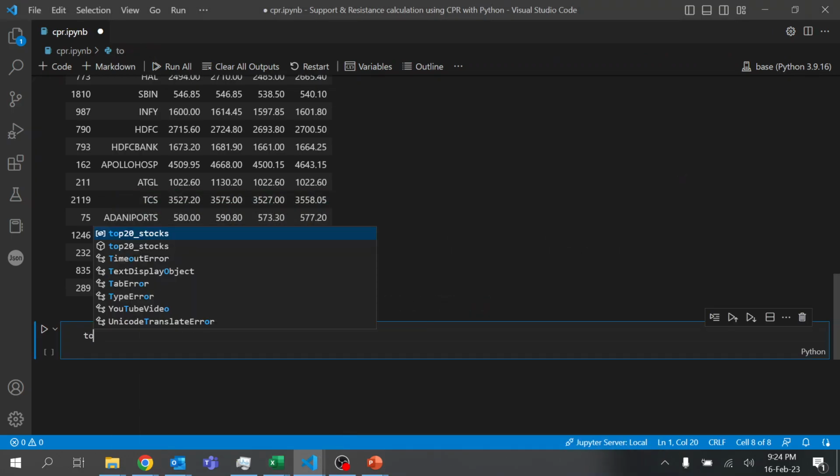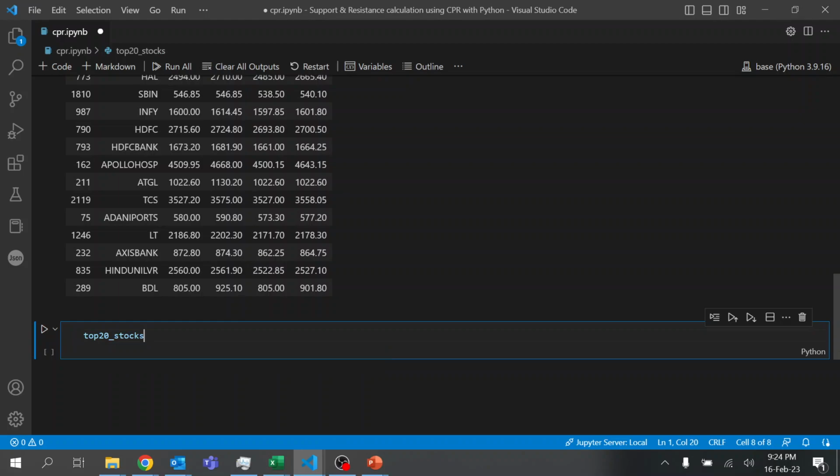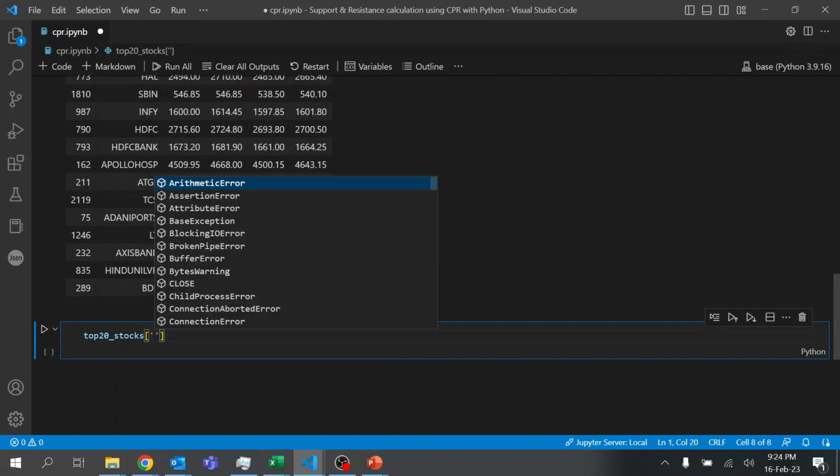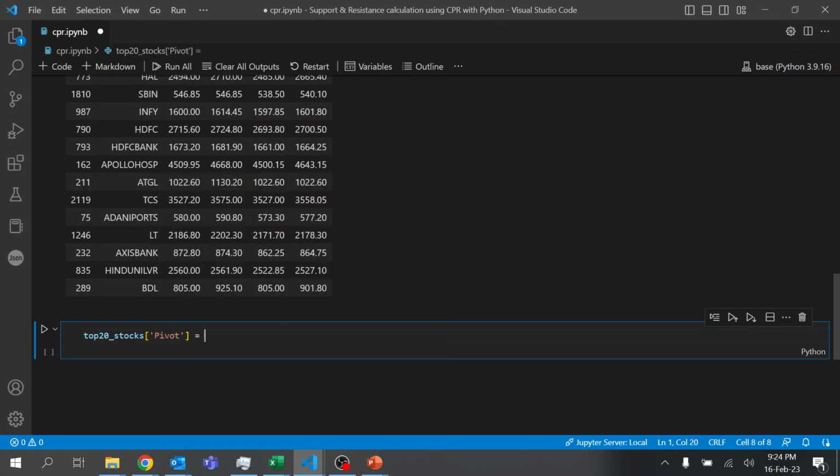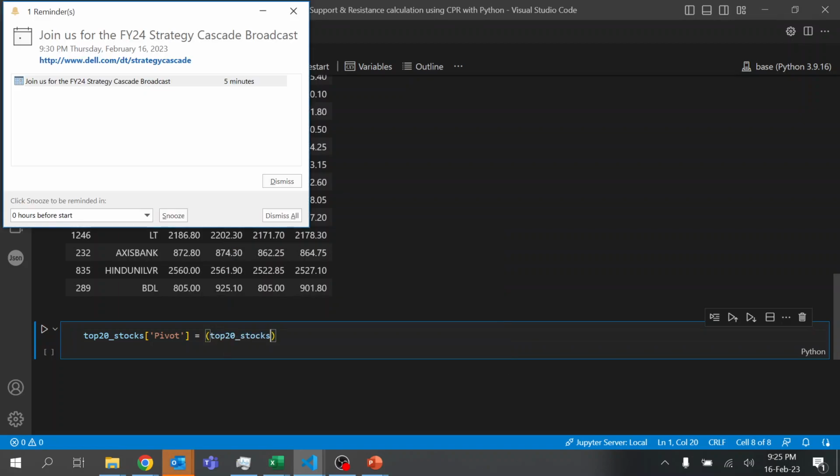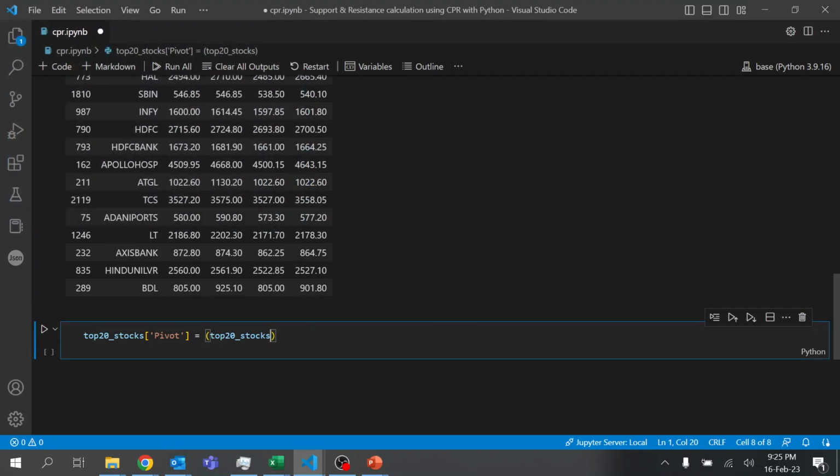Top 20 stocks, what I'm going to create is called pivot. As you have seen in the formula, we are going to do high, low, close values average over here.